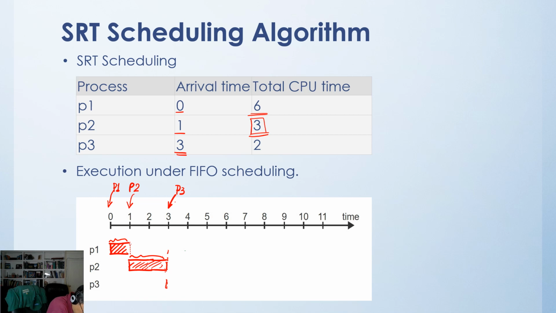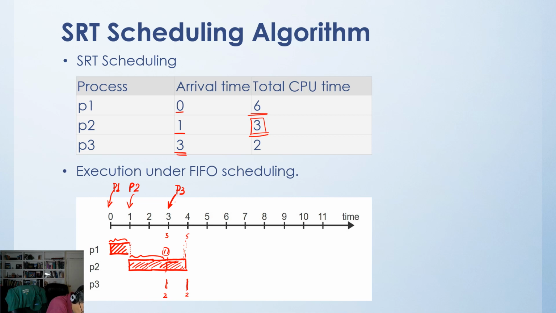And P1 has 5 remaining, right? And P3 has 2 remaining. So still, 1 is the smallest. So P2 continues to execute. Now at the time 4, P2 actually completes the job. Okay. So then you have 2 processes remaining, P1 and P3. Now remaining time for P1 is 5, remaining time for P3 is 2.